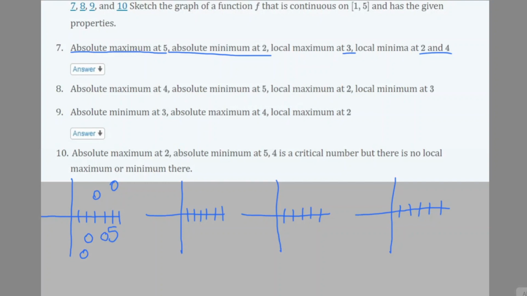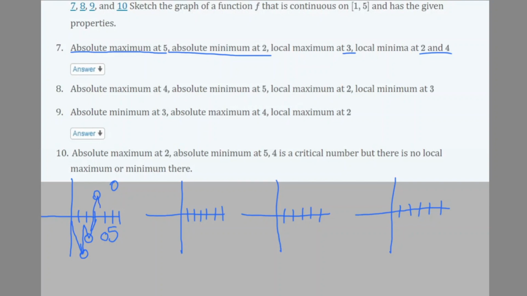So now all we need to do is connect it, so we know the minimum's at 2. That's going to be the absolute minimum. The graph goes up and then it goes back down at x equals 2 to describe a minimum. And then it goes up for a local maximum at x equals 3.